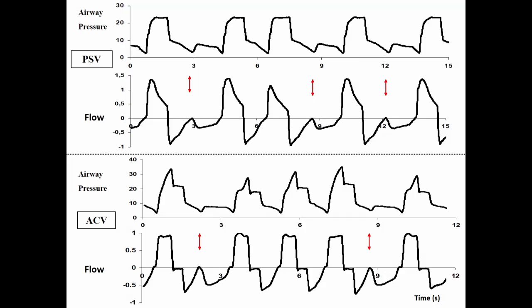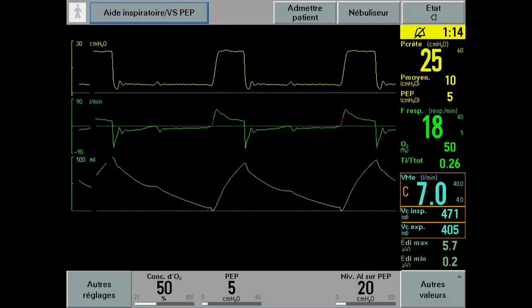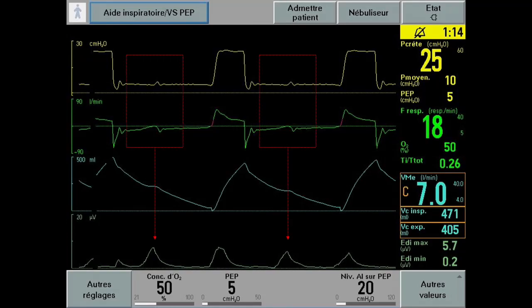It's not easy to see, but on the flow you see this small change in the flow curve. On the next slide, maybe you have to click 2 or 3 times, you will see with the electrical activity of the diaphragm that the patient is breathing much more frequently than what is detected by the ventilator.